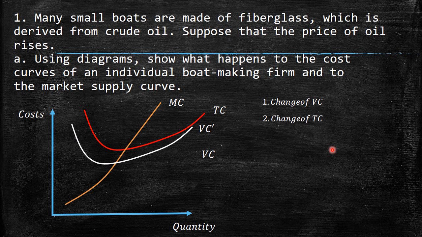Then automatically, when you have a change in the variable cost and the fixed cost remains the same, there is going to be a change in the total cost. So it makes your total cost go up as well.